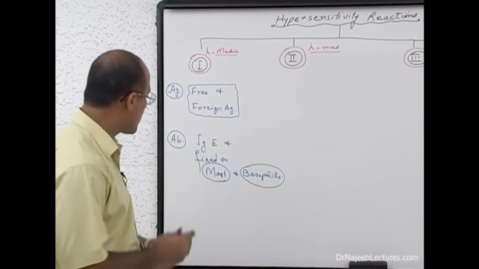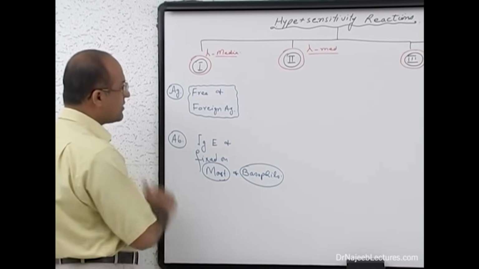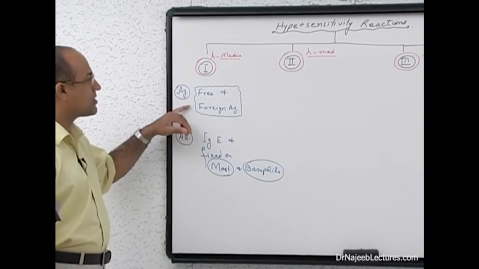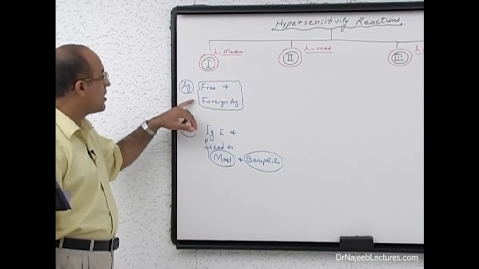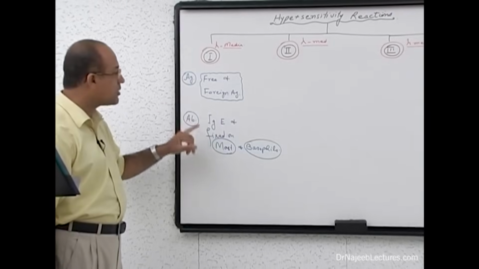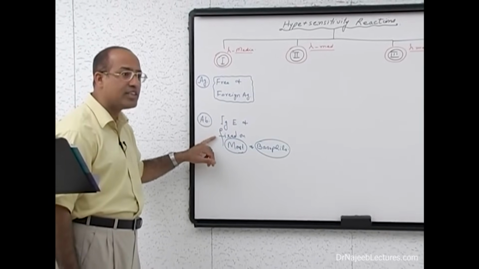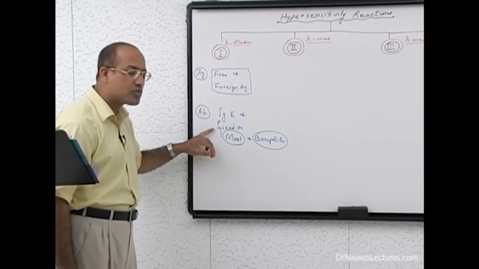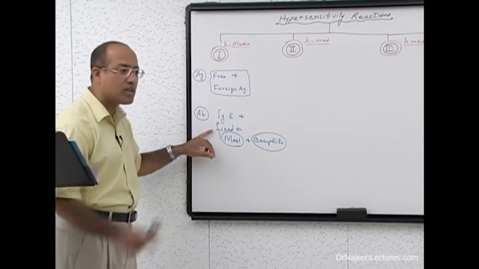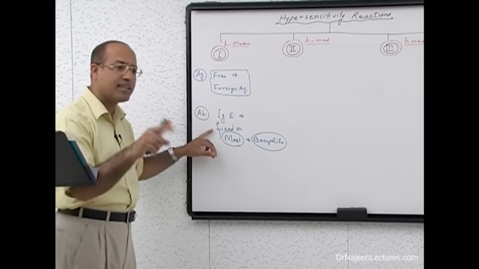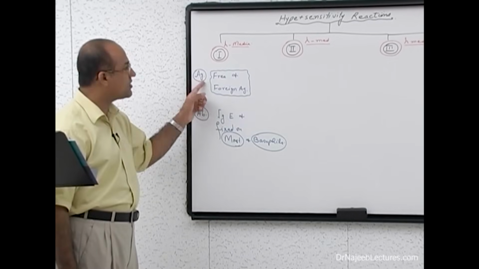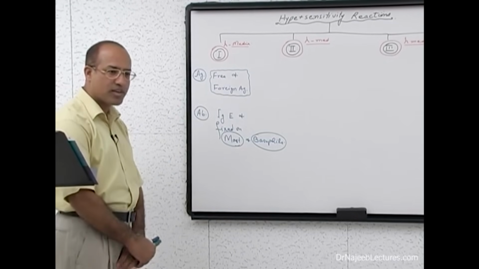Now look, what really happens in type 1 hypersensitivity reaction is that antigen is free but antibody is bound. IgE is free in the plasma in very small amount, and most of the IgE antibody is bound on the mast cells and the basophils. So here antibody is fixed and antigen is free.